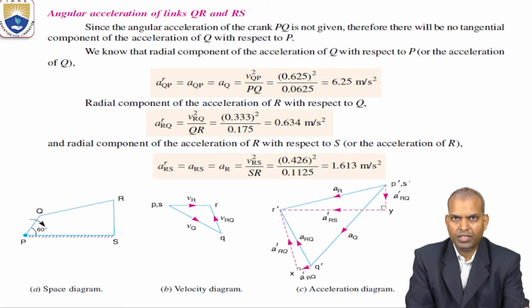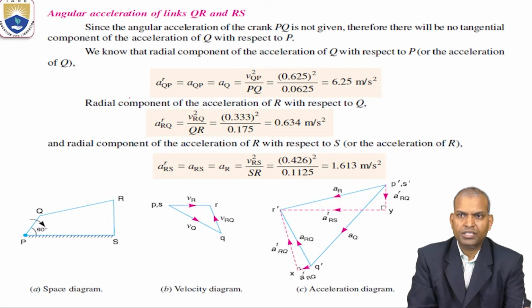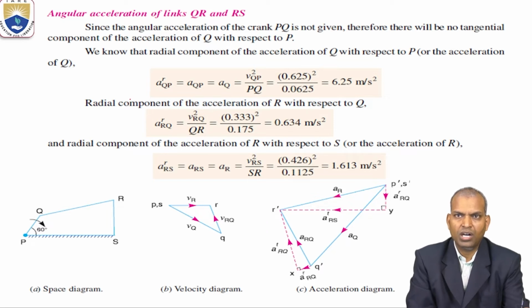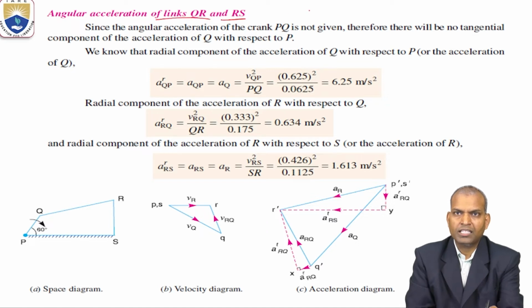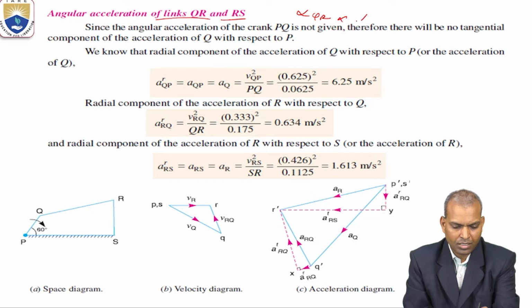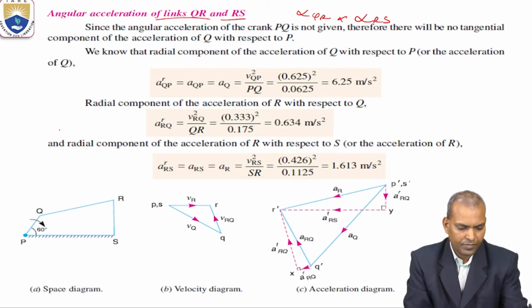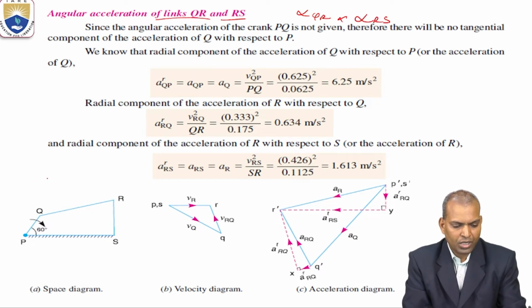Next objective, there are two: the angular accelerations of links QR and RS. Angular acceleration means alpha QR and alpha RS. Where do alpha QR and alpha RS come from?